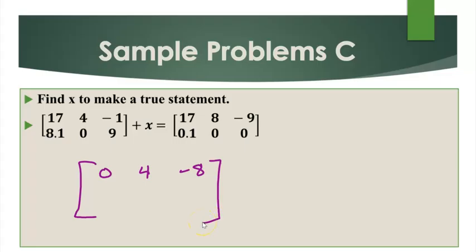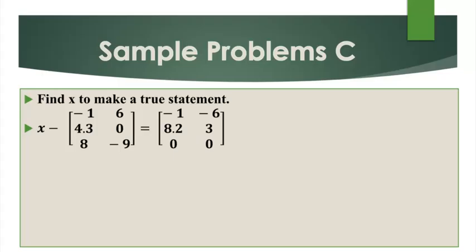Next, 8.1 plus, actually not 0.1, this would have to be 8.1 minus 8 gives you 0.1. 0 plus what gives you 0, this would have to be 0. 9 plus what gives you 0, 9 plus negative 9 would have to be 0. So that would be our matrix that x would equal.